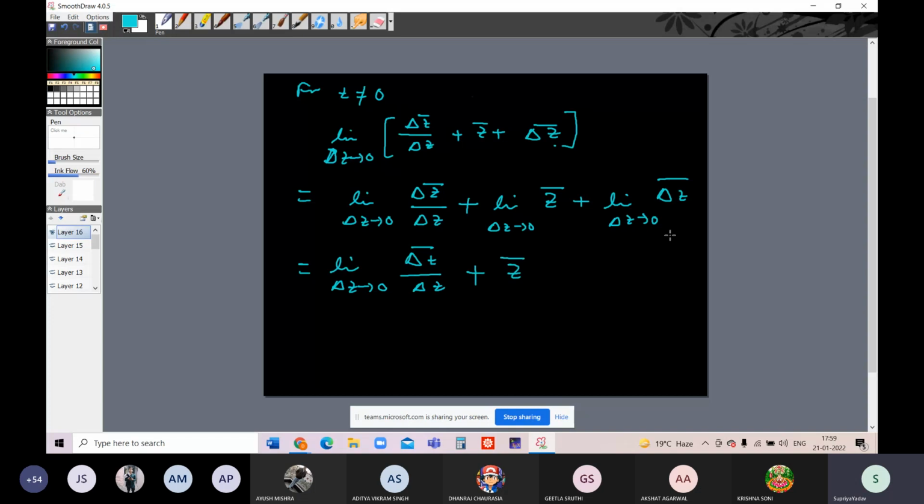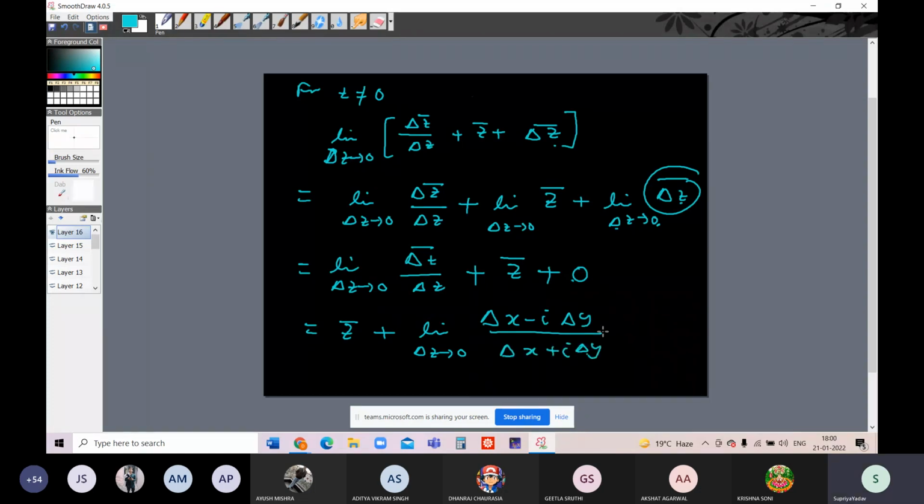Now we can write delta z bar as delta x minus i delta y, and delta z as delta x plus i delta y.